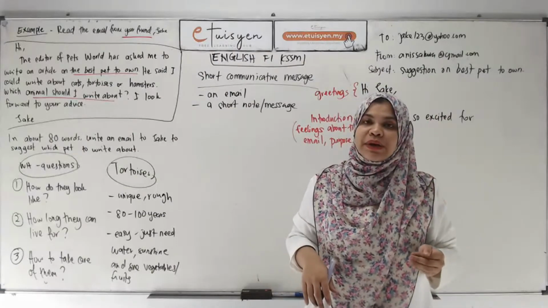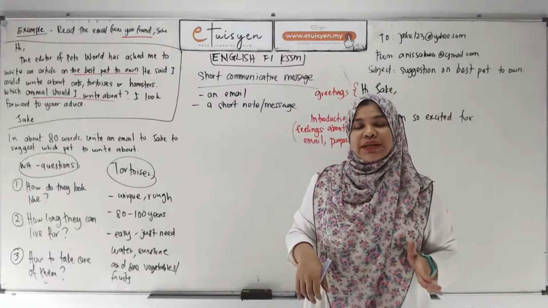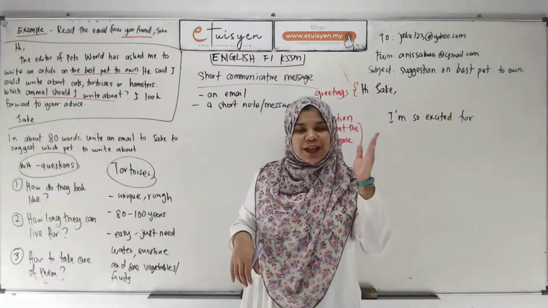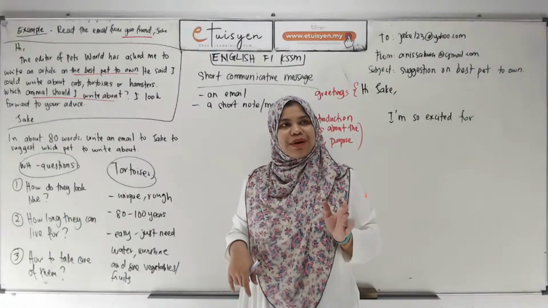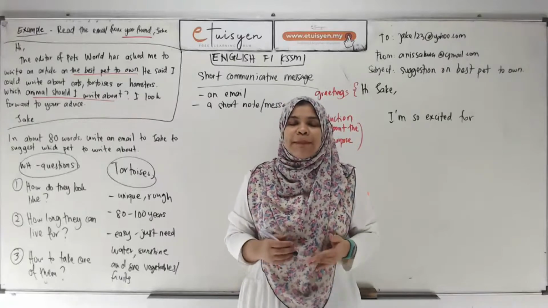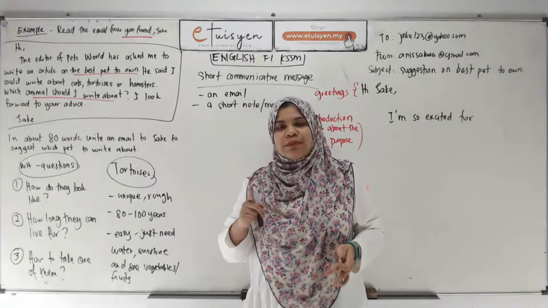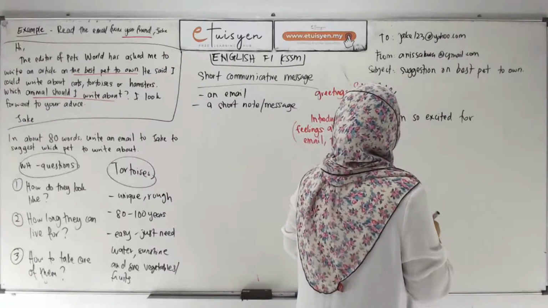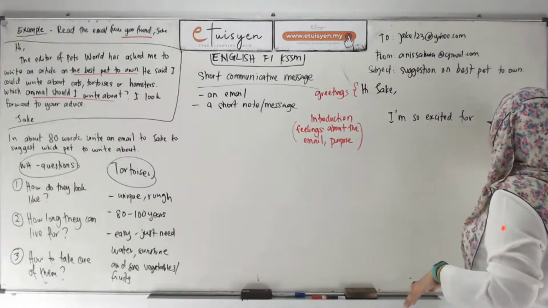If you start with present tense, you end with present tense. Okay, keep it to one tense. Don't mix, because if you mix, the reader will get confused. Okay, so I'm excited for you.